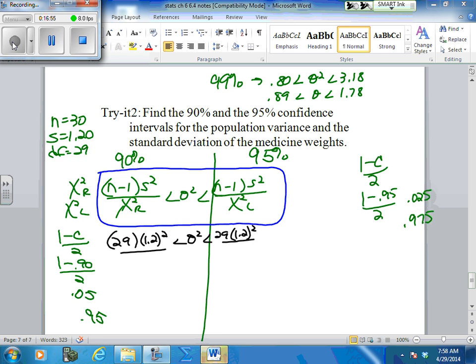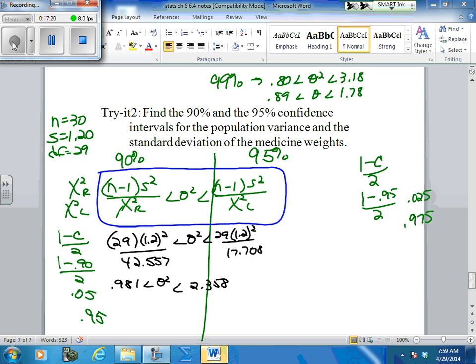What did you get for your R value, your right side value? 40.557. Okay. And your left side value? 17.79. Good. So this comes down to 0.981 and 2.358. This is your confidence interval for your variance.